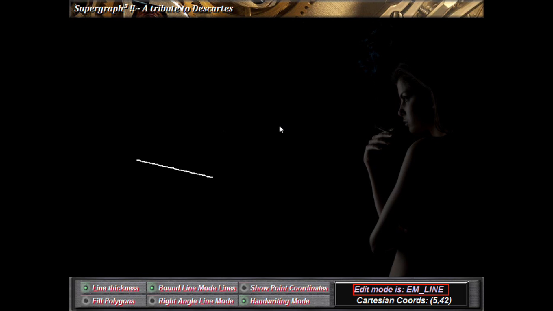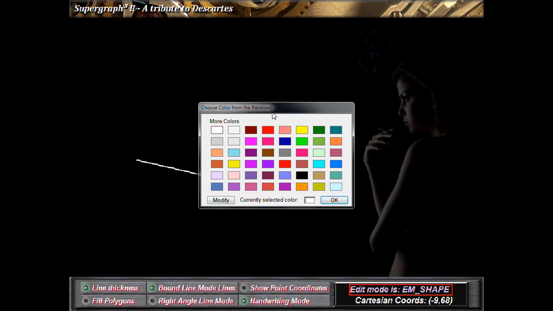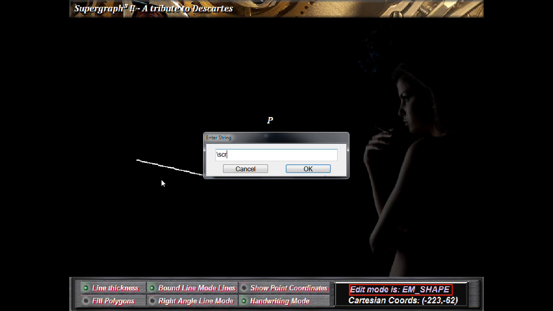And we're given a point, which I could also make white, I suppose. We make it similar to his diagram here. So we give it a name. Okay, P, and if I wanted to, give this a nice fancy L.